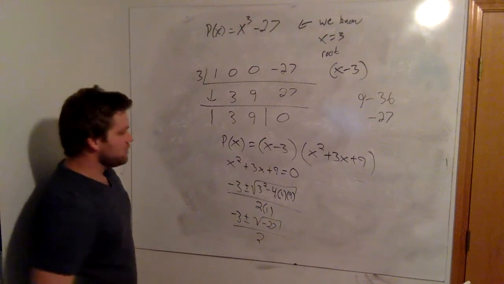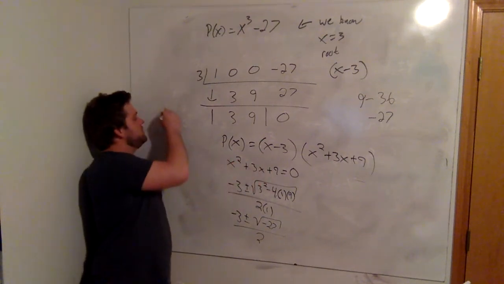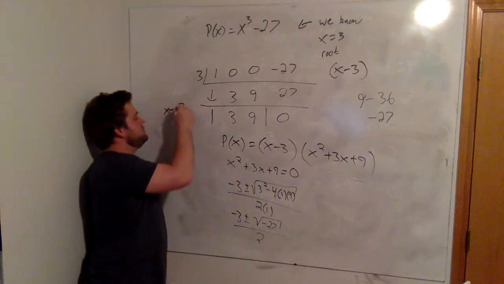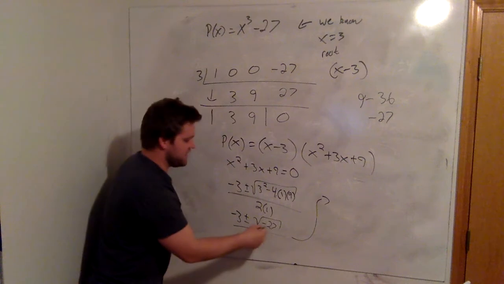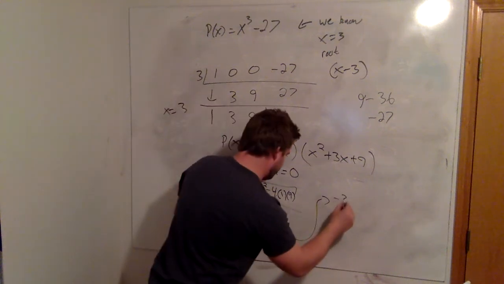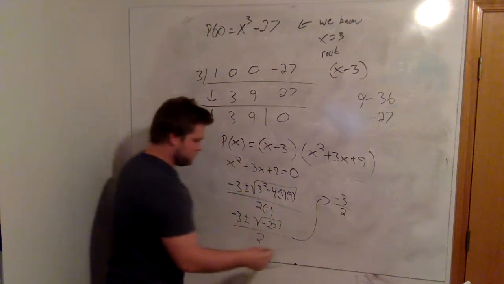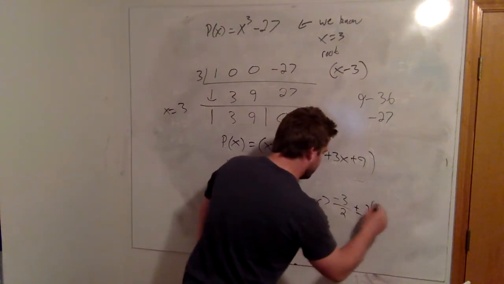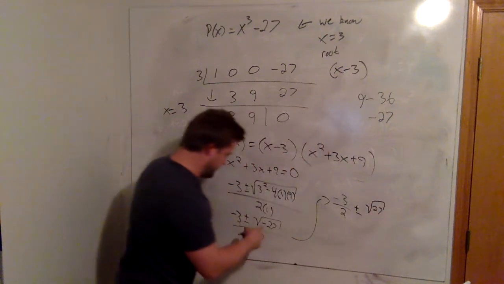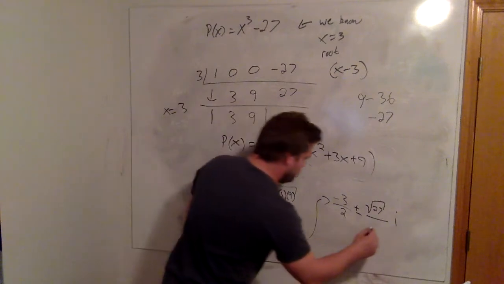So we can list all our roots here. One of our roots will be x equals 3. I could rewrite this so I don't have a negative under the square root. How about we write this as negative 3 over 2 plus or minus the square root of 27 times i, all over 2.